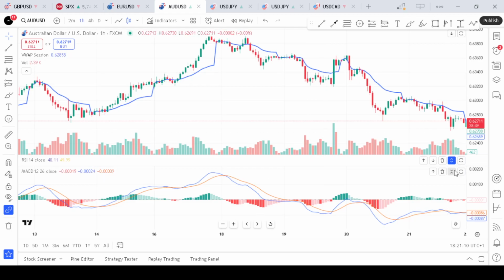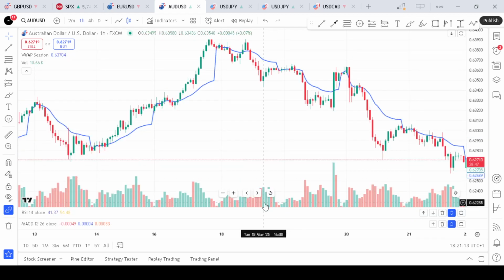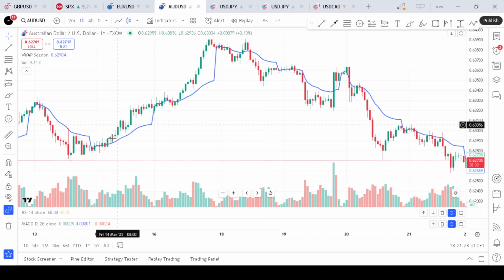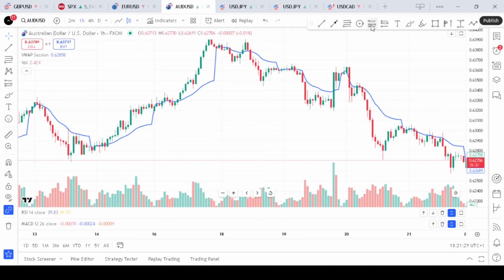So this is basically how we can use additional technical indicators to confirm and support our decision. Now for entries, you have two main options. You can enter immediately when you see the crossover, or you can enter when you see a small pullback to the VWAP line.